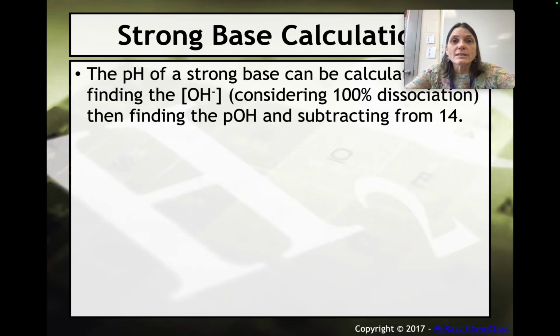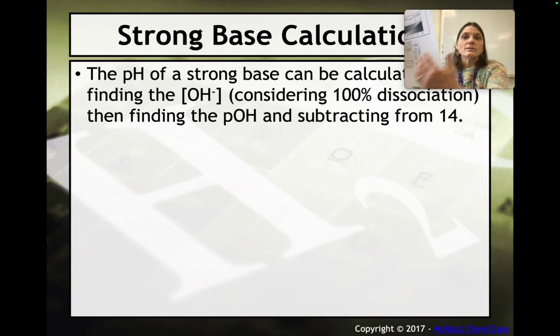All right, so here's our example. We can calculate the pH. What I like to do is to calculate the pOH and then subtract it from 14. You can go the other way around the square. If I start with pOH, take the negative log of OH minus, I get pOH, then 14 minus that.